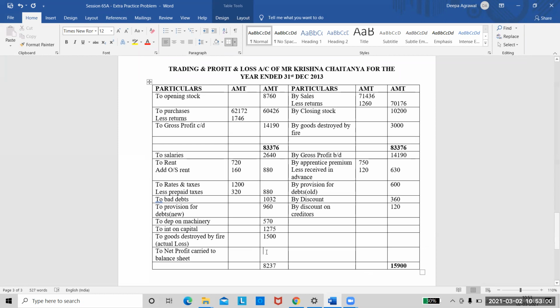15,900 minus 8237, quickly. How will you get 17? It is 14,190 plus 7663, ma'am. 14,190 plus 630 plus 600 plus 360 plus 120. It is 15,900, correct? Ma'am, net profit 7663. Is it correct? Debit total.